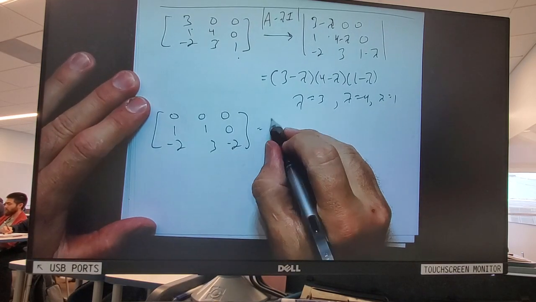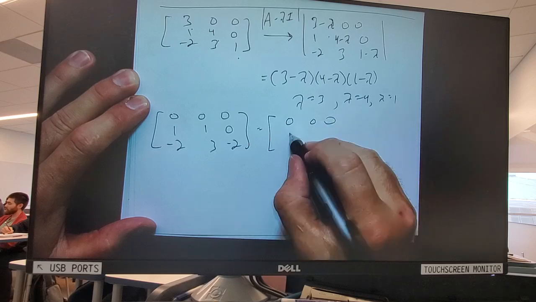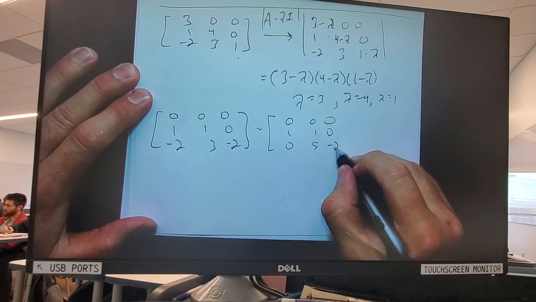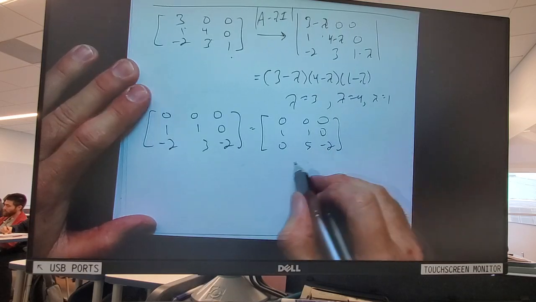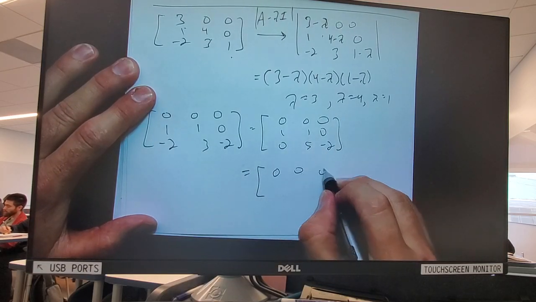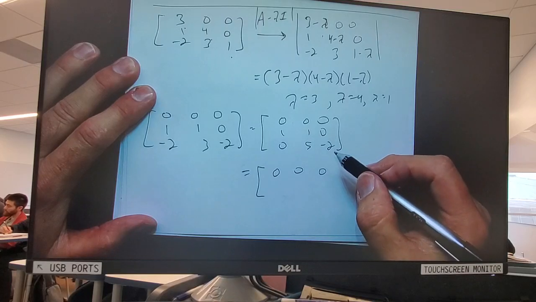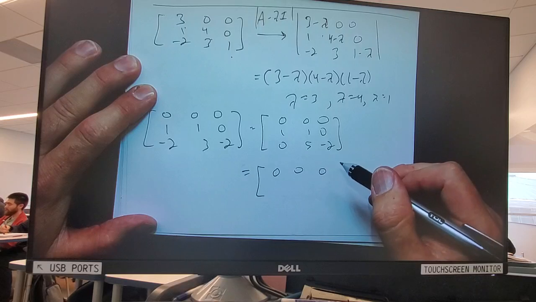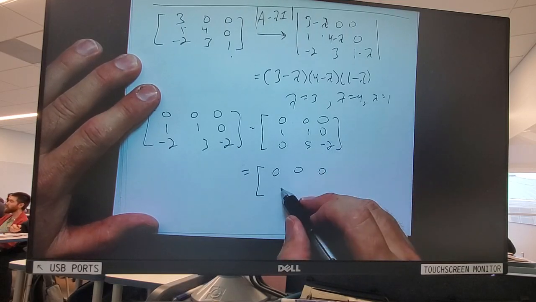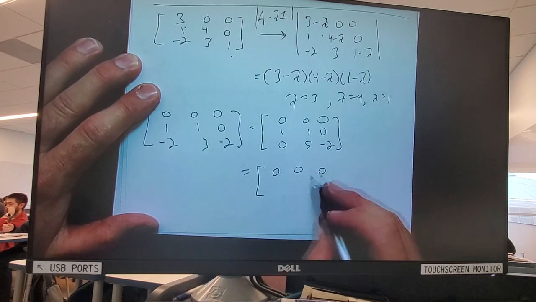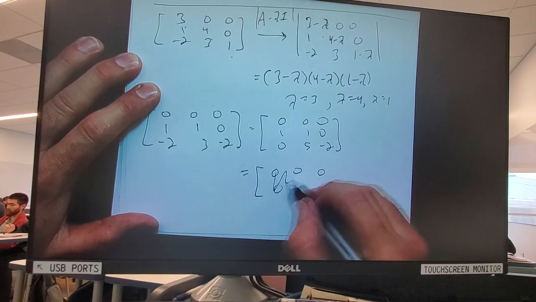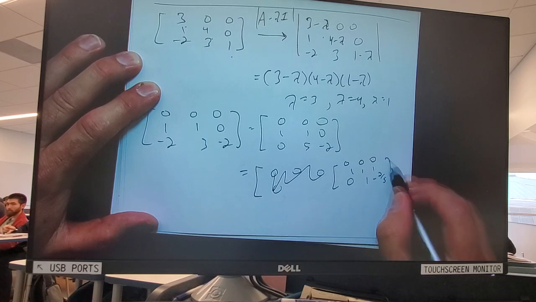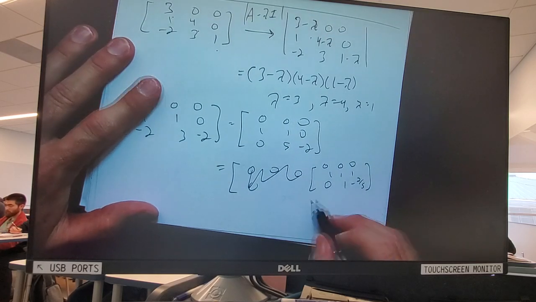So if I row reduce a little bit, I get 1, 1, 0, and if I double that, I get 0, 5, -2. Then the row 0, 1, -2/5, and I could kill that 1 there.